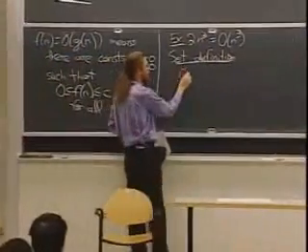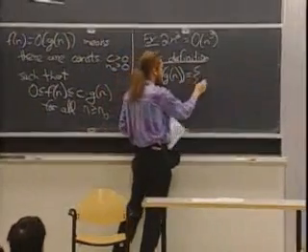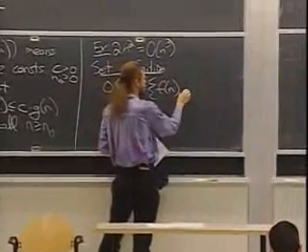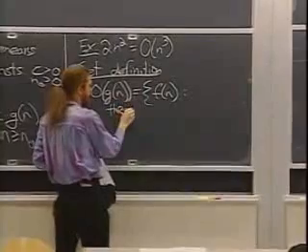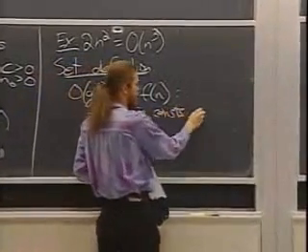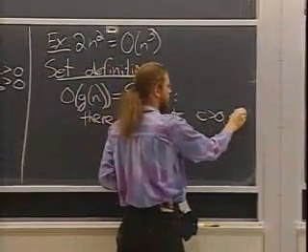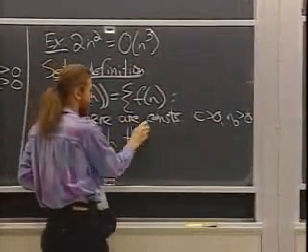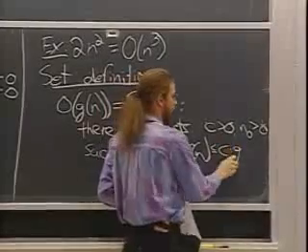So you could define big O of g of n to be the set of functions f of n such that there exist constants c and n naught, the same definition, nothing fancy here, such that we have the bound f of n is between 0 and c times g of n.